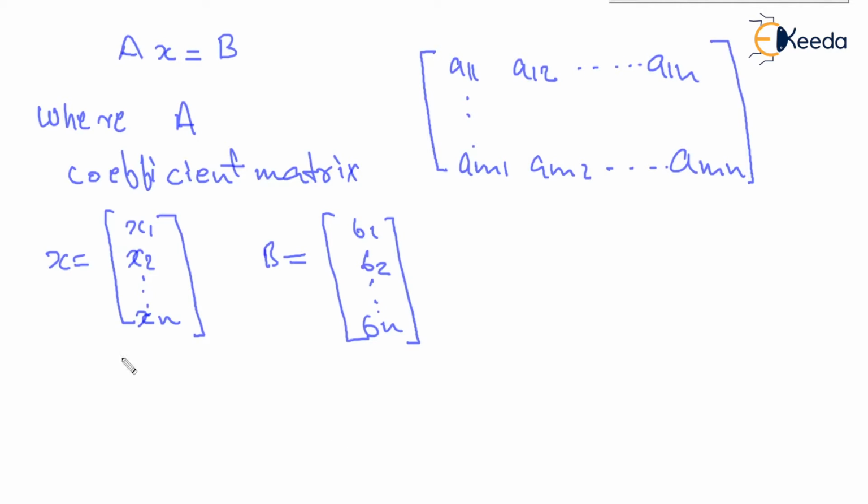So if this b becomes null, what will happen? The equation becomes Ax equal to 0, and this is nothing but a homogeneous equation.